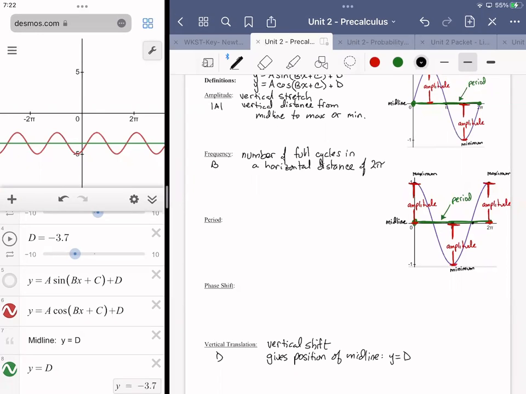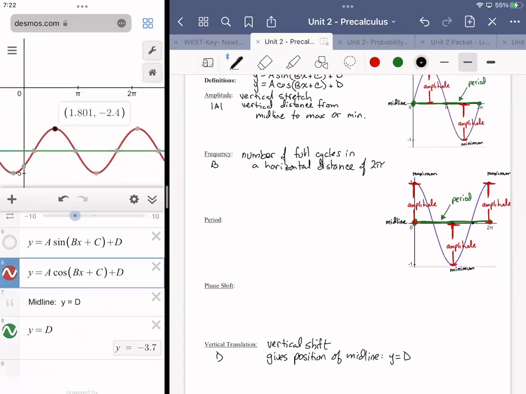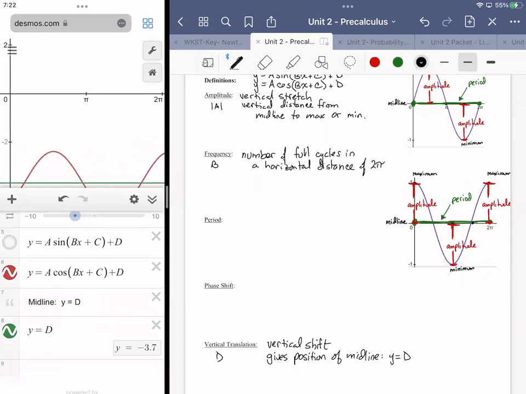That value is given by b, whatever the b value is. So if I'm only looking between 0 and 2 pi, I'll just zoom in instead of truncating the graph, but I'll only focus on 0 to 2 pi.